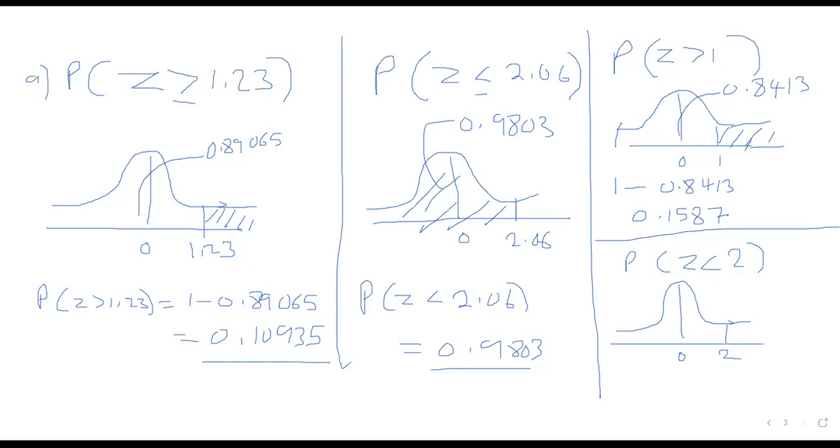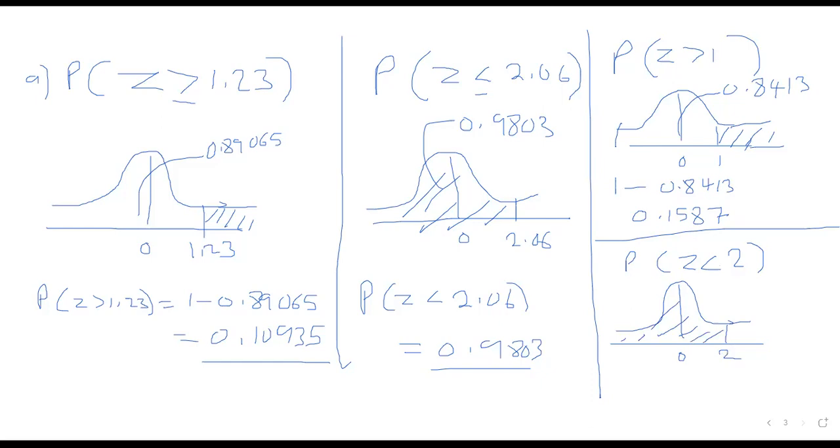Less than 2. Left side. Why? Because the sign said less than. Left side. And we identify the reading for 2.